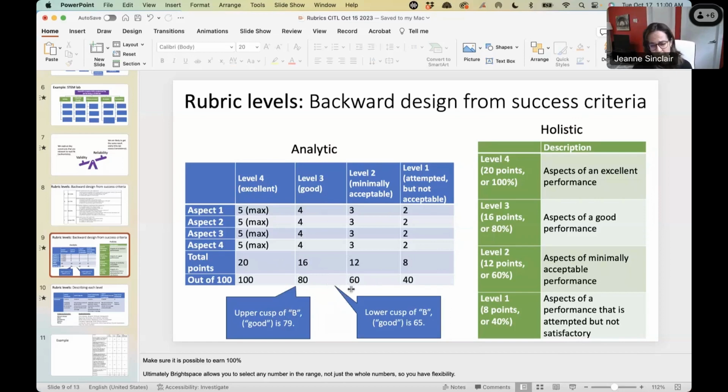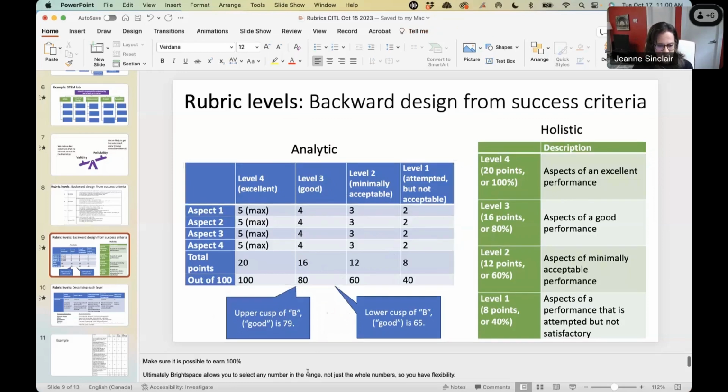So there's a little bit of wiggle room here, which is not super ideal, but I think that overall this rubric is simple enough to be clear. And then students who are in this wiggle room area of 65 to 60, you can provide some more nuanced feedback. So it'll help them understand whether they were still within the good realm or barely minimally acceptable.